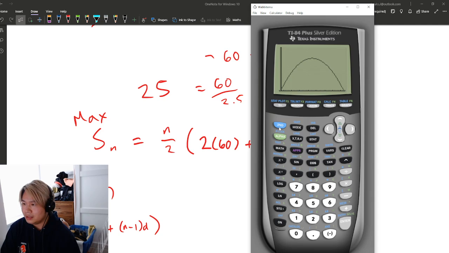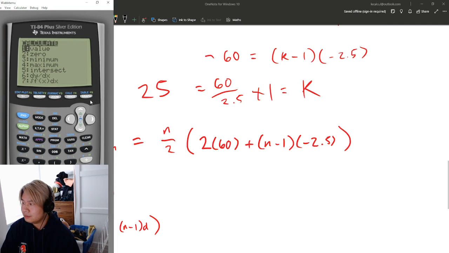So from here we can calculate what that is. Left bound, right bound, guess.